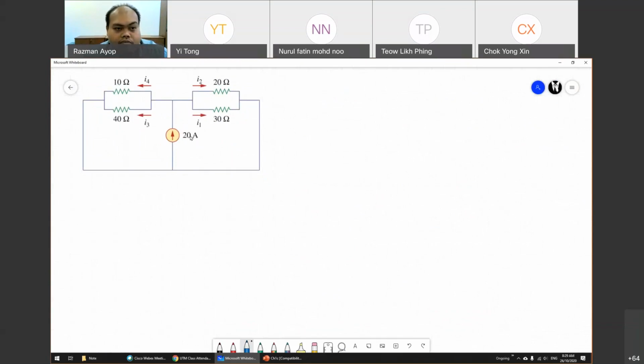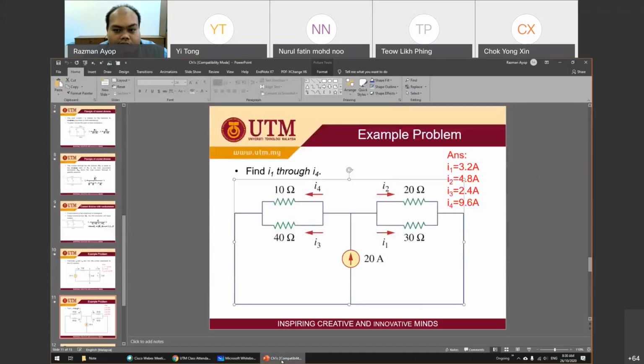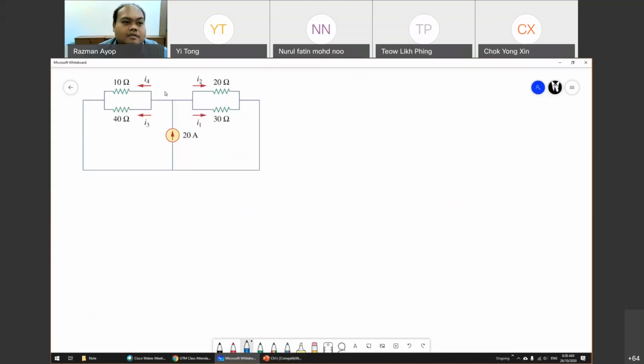The current source is 20 ampere. Then it will divide into two parallel circuits, one goes here and one goes here. Then after that, it will divide into two more parallel circuits. So how to solve this? How to use the current division rule?